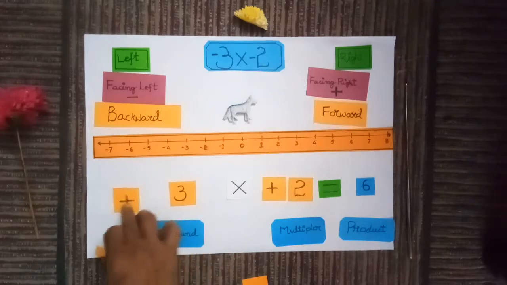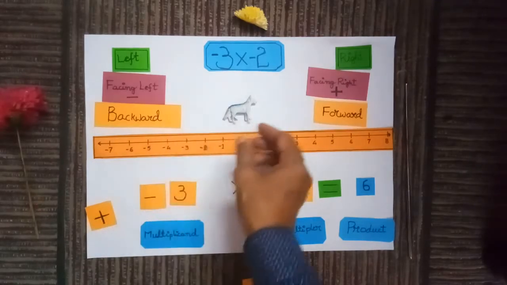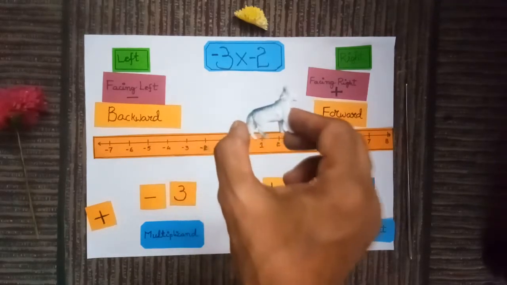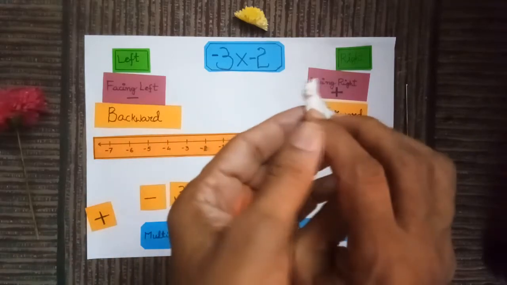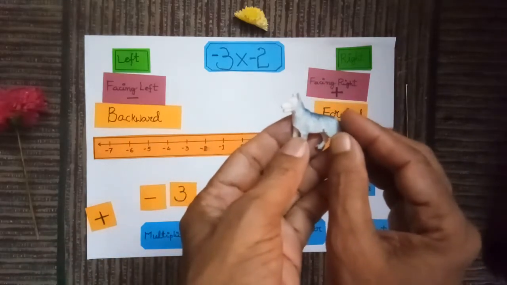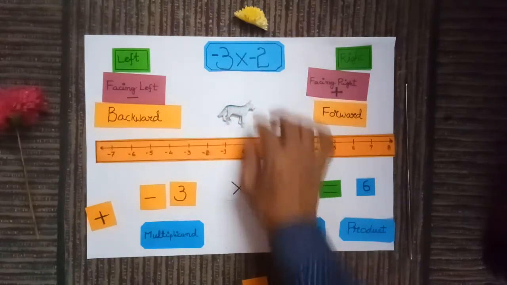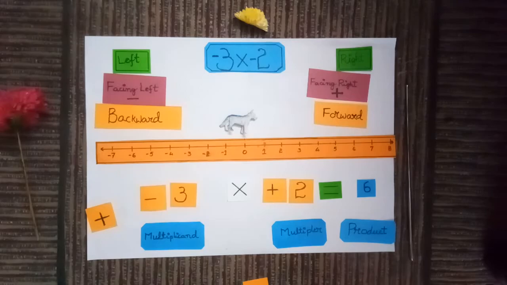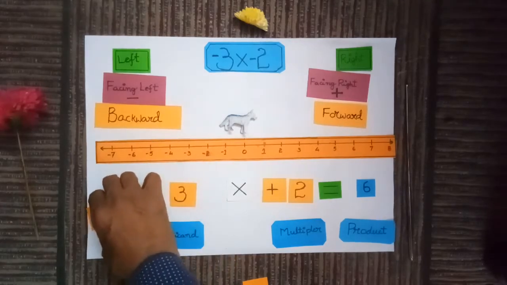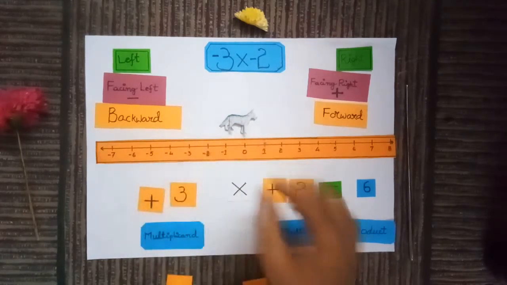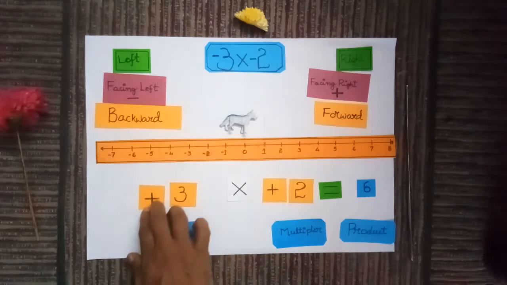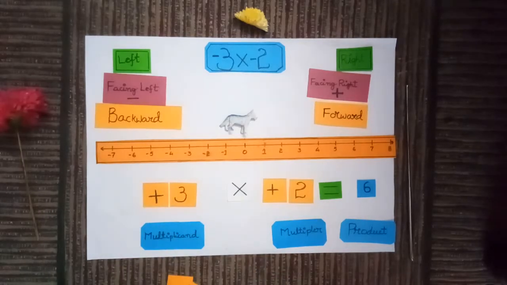If it is negative, then you must say that the dog is not facing like this, it is facing towards the left. Okay, so that is the meaning. With these assumptions, I think we can happily understand how a negative quantity times a negative quantity is a positive quantity.